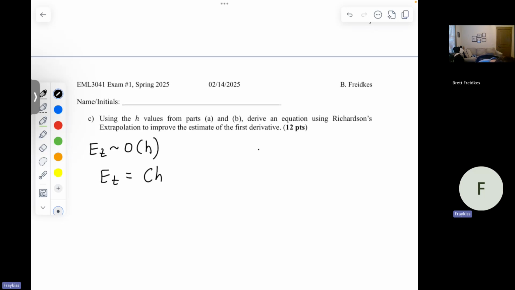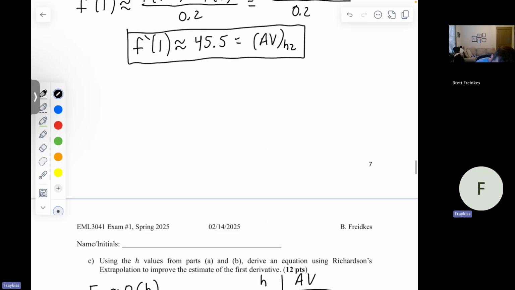And I'm going to include what we had before. Maybe I'll just make a little table just to show. When h was 0.3, our approximate value was 46. When it was 0.2, it was 45.5. That's what we just found up here.